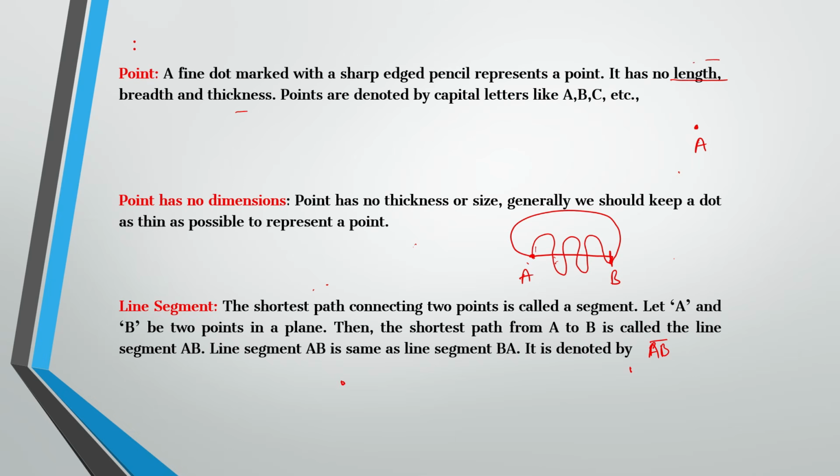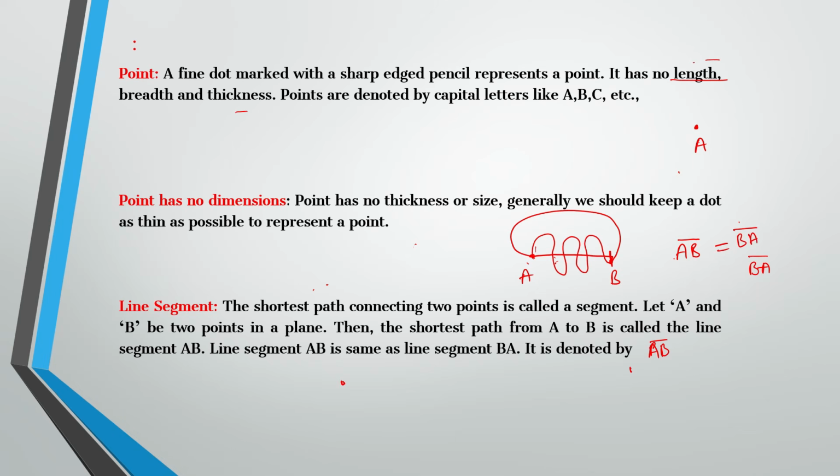This line segment AB is represented by AB with a bar over it, and you should remember that there are no arrow marks for this. It can also be written as line segment BA. Both are the same: line segment AB is equal to line segment BA.